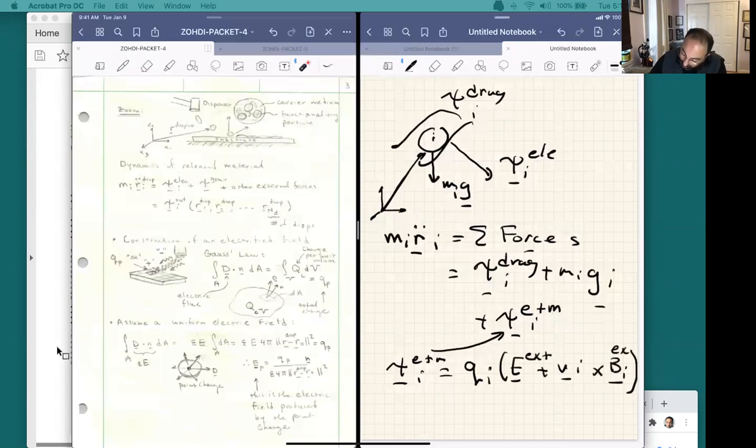And again, the magnetic field here is in Tesla, and the electric field is in newtons per coulomb. So the product of all of these are going to be forces. If you want to figure out what the units are, we know that these have to be newtons, right? And these have to be coulombs because that's charge. So therefore the electric field is actually equal to newtons divided by coulombs.